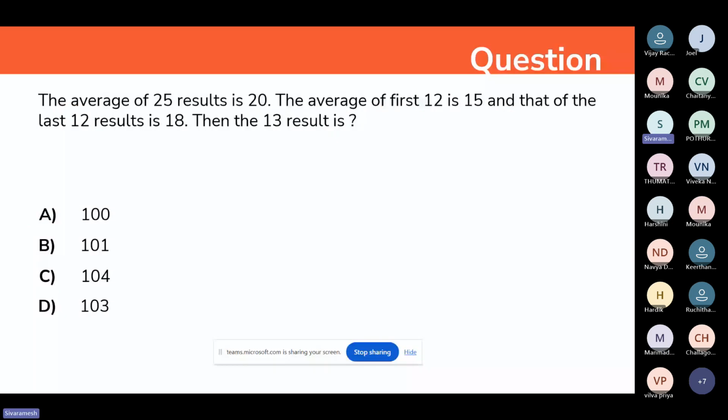You take 25 results, average is 20, first 12, next 12, find the 13th one. Try to answer this question. Once you are done, post your answer in the chat box.